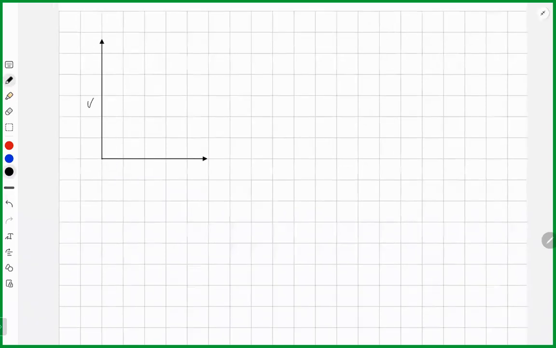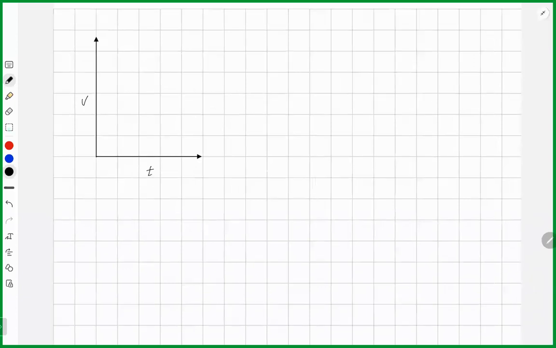Okay, we have velocity on y-axis, time on x-axis.